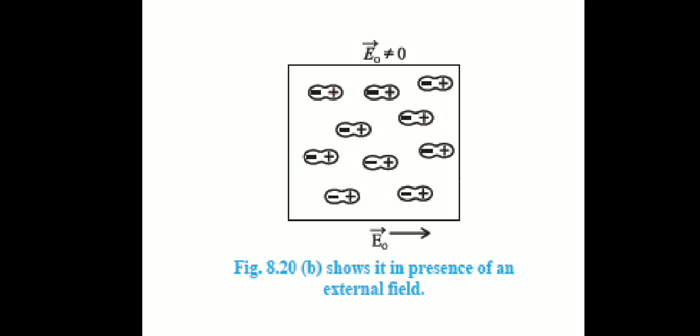As they are separated, a small finite distance always exists between them, so a dipole moment exists. The value of dipole moment is now non-zero, so we say that the non-polar substance is now converted into a polar substance.